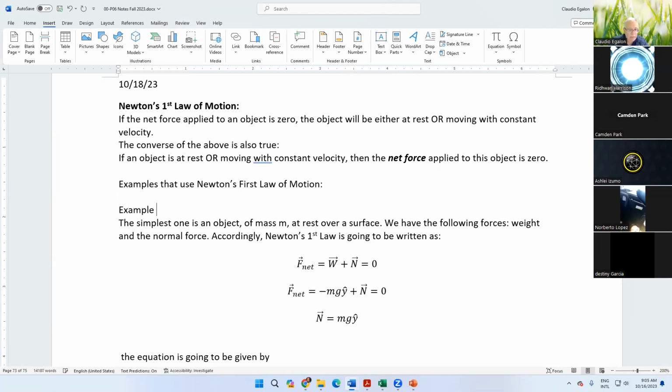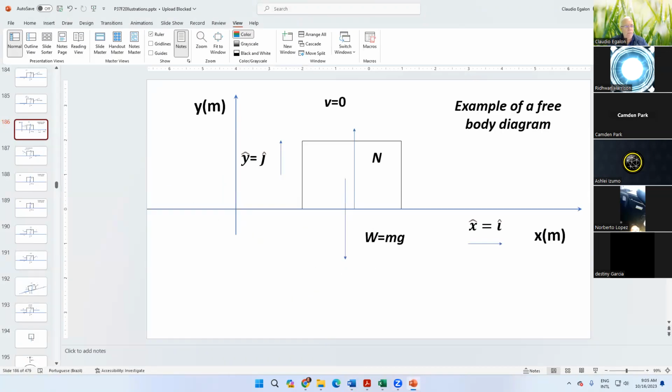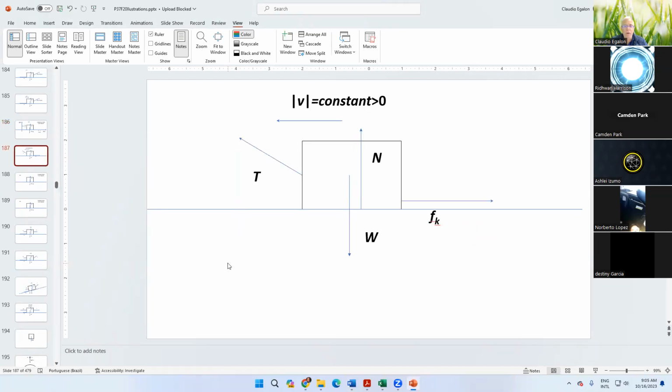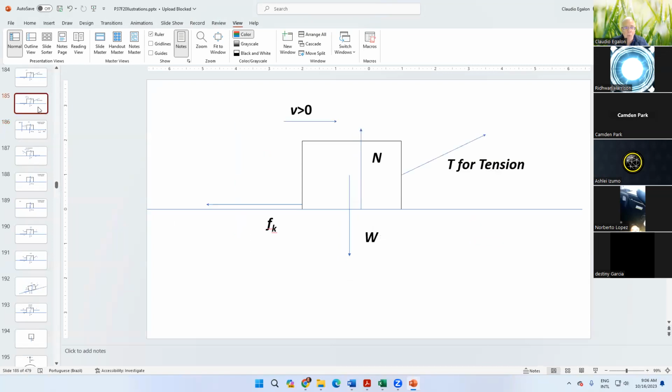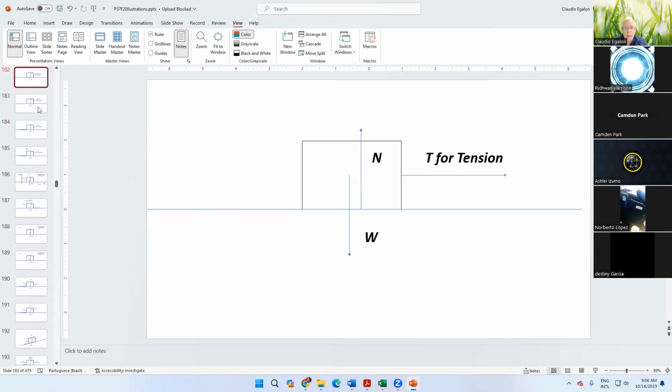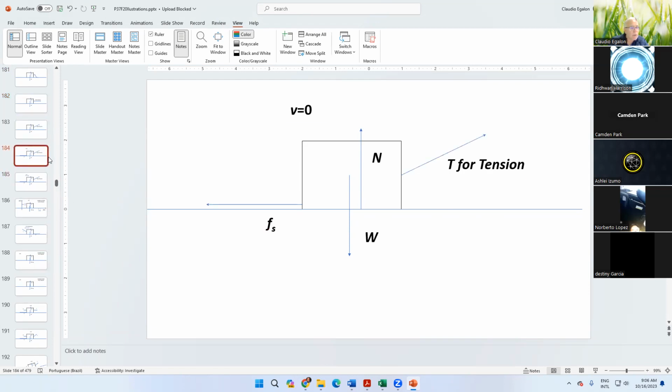Example 1. Now we have this other one here, and it's a little bit more complicated. Let's take a simpler one before we go into that one, right? Yeah, this one here. And I'm going to put here v equal to 0 as well.